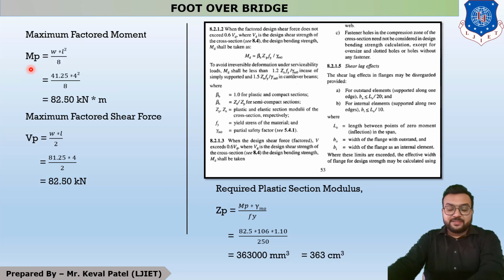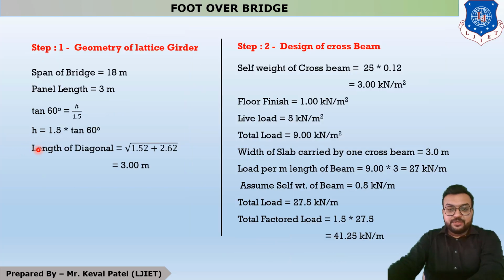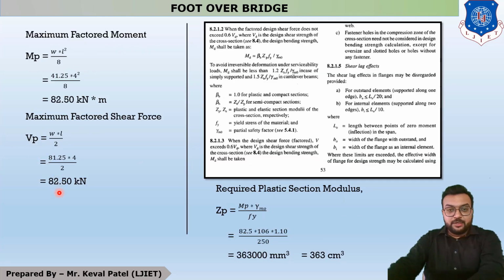MP means plastic moment, which is 82.5 kilonewton meter. Next is VP. VP means maximum shear force. It is also 82.50 kilonewton, and required plastic section modulus is 363 cm cube. It means we have to design a cross beam in such a way that our provided ZP is greater than 363 cm cube.